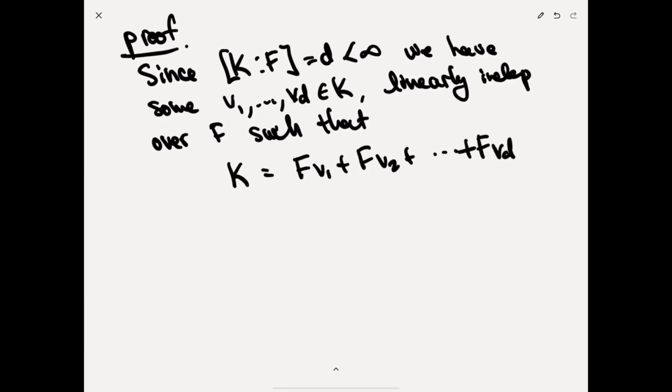So every element can be written as an F-linear combination of these.